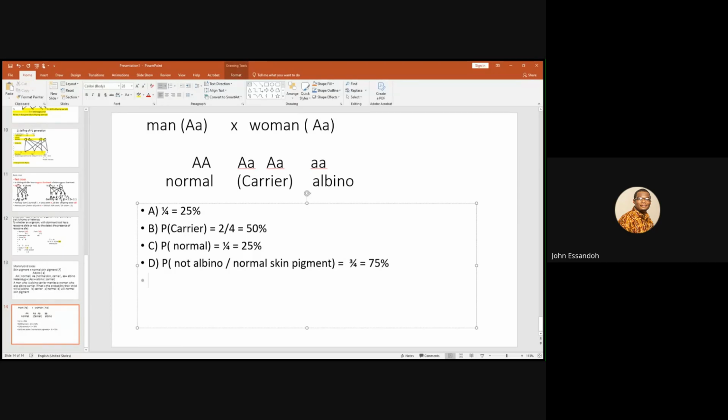If a couple have 2 children, A, what is the probability that the first and the second child will be albinos?